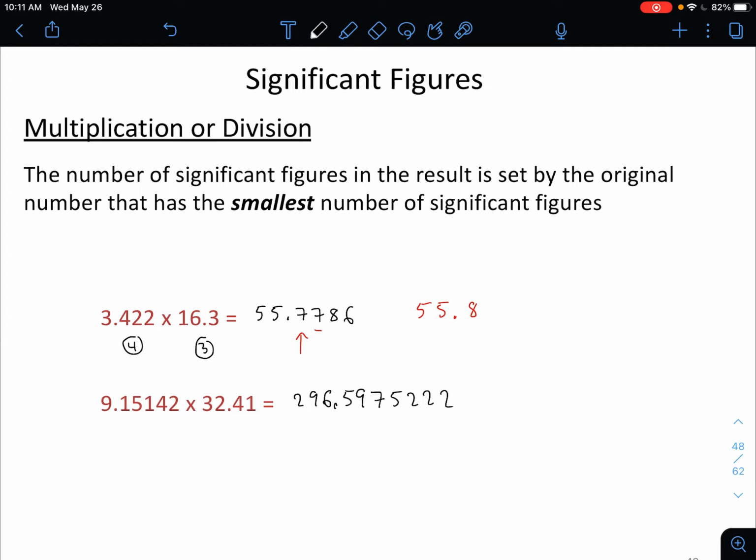So we'll follow our rules here. 9.15142, that's 6 total significant figures compared to 32.41, which is 4 total significant figures. So with 4 total, that would make this 5 my cutoff number, and it's followed by 9, which is bigger than 5. So this would round up to 296.6.